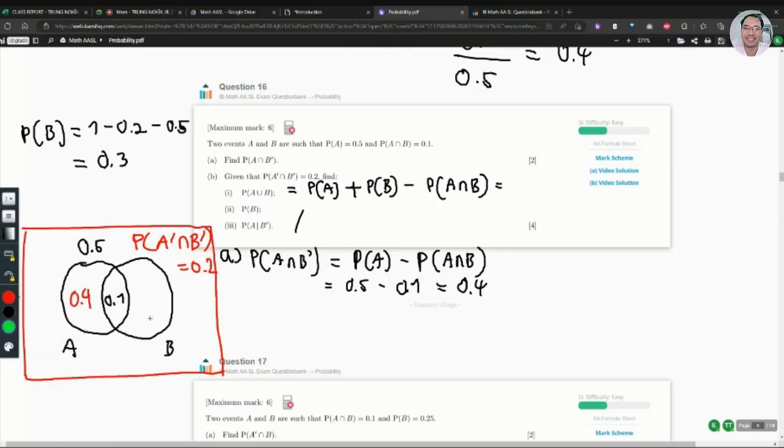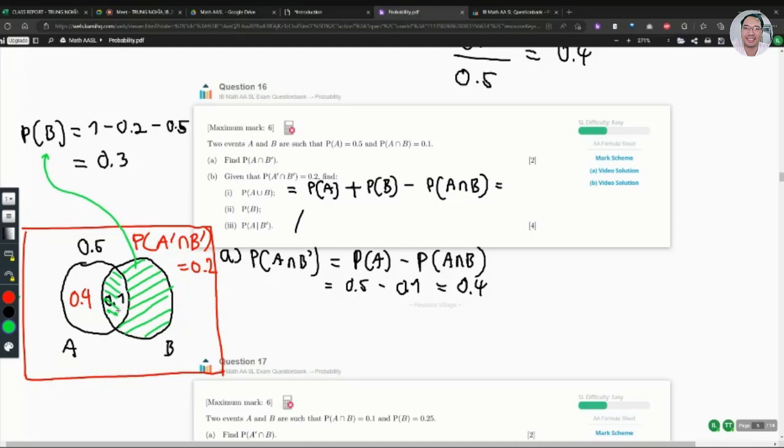That is the prop of B, which is this area. B and not A. Wait, this is B and not A. 0.3 is B and not A. The prop B involves the intersection here. Oh, sorry.